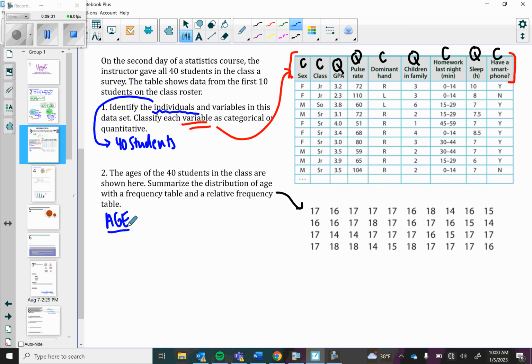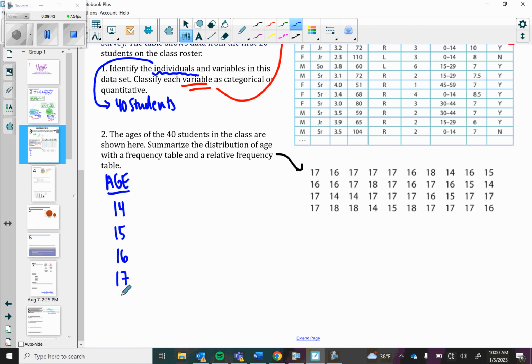So the different ages students in this class were, I scan through and I see the lowest being 14, the highest being 18. So my ages are 14, 15, 16, 17, and 18.